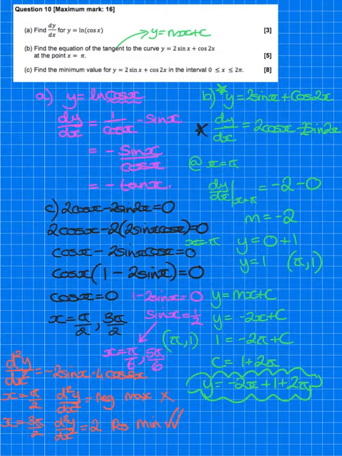We'll just check the other ones quickly. When x is equal to, what's the other one? Pi on 6, d2y dx squared. Doing the same thing again, subbing in pi on 6. You should find out that that is a negative, so that is a maximum.